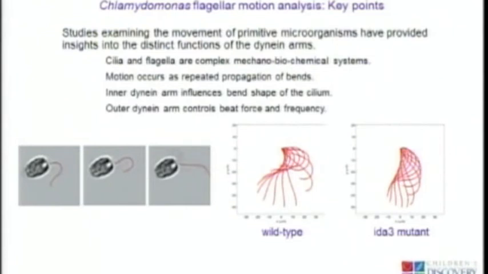Motion occurs as a repeated propagation of bends, and mutations in the inner dynein arms influence the bend shapes. These inner dynein arms are like the motors, the muscles that drive the coordinated activity.